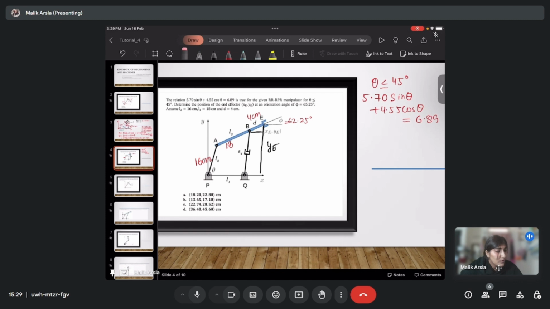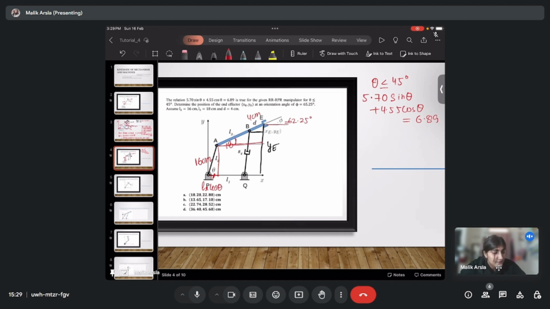So what I will do is simply this length here is L2 cos of theta, right? Now I can add this length. This length will be what? L3 plus D cos of phi, because this angle and this angle will remain same because this line is parallel to this line.